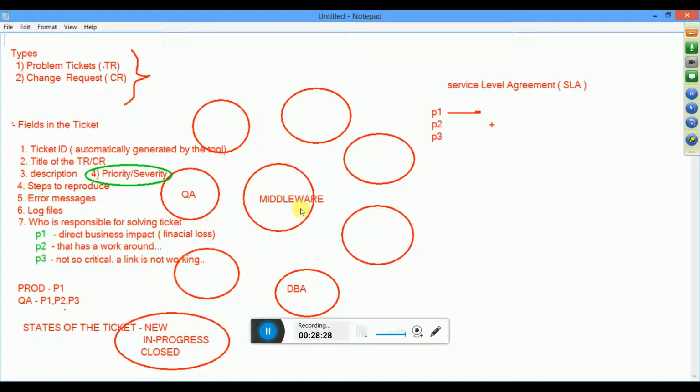So for a P1 ticket, when a QA ticket is raised, you get an alert.